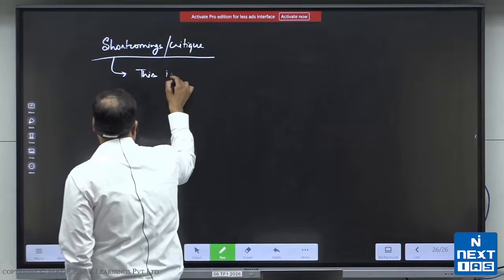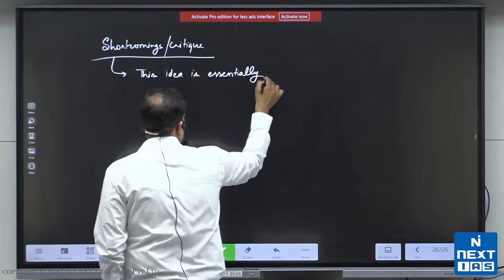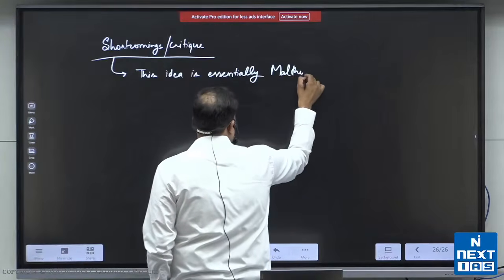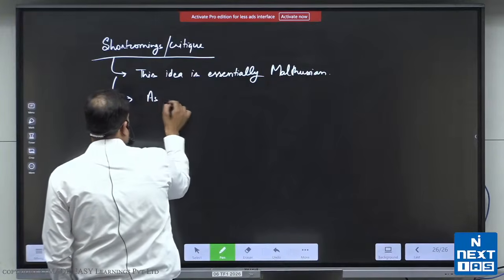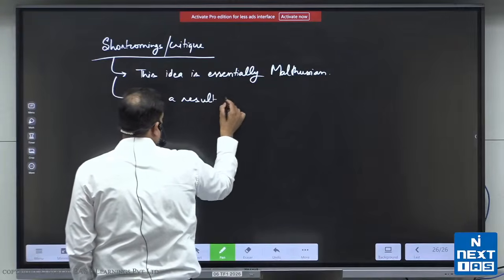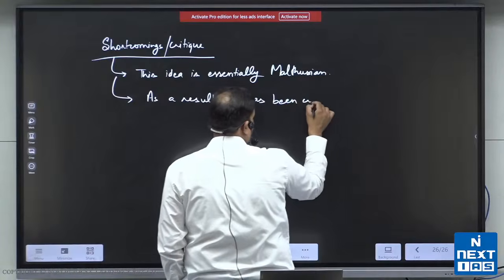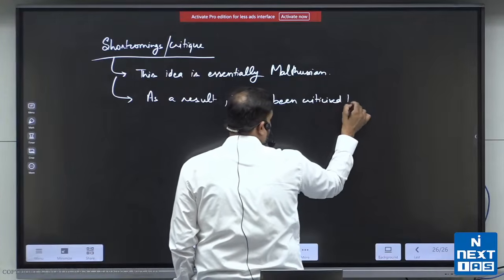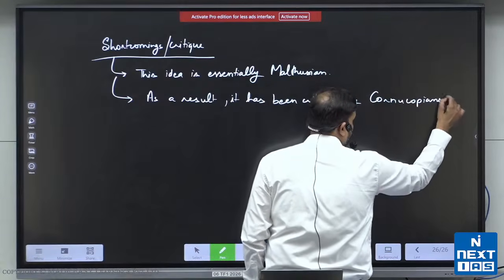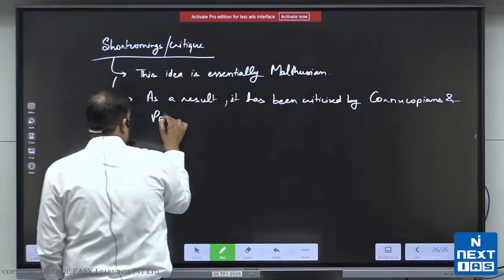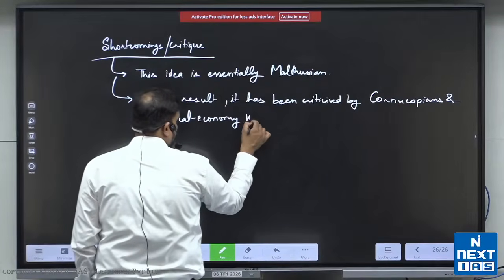This idea is essentially Malthusian. So as a result, it has been criticized by cornucopians and political economy thinkers.